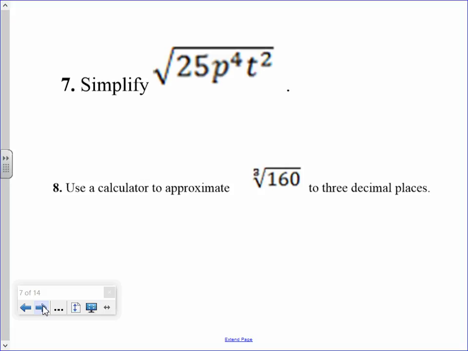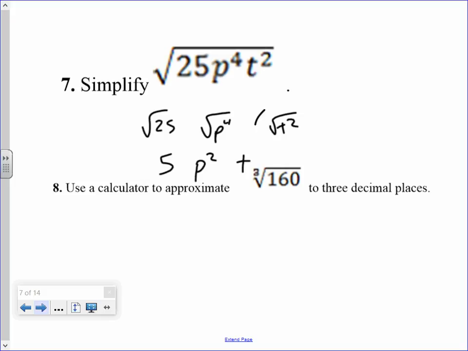Simplify. 25 p to the 4th t squared. Okay? So if you have square root of 25, square root of p to the 4th, and square root of t squared, what is that?